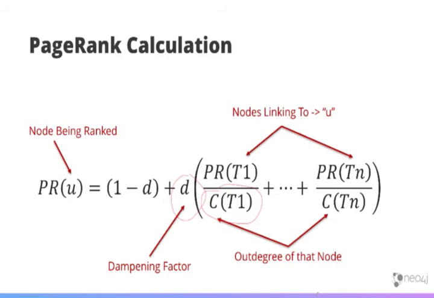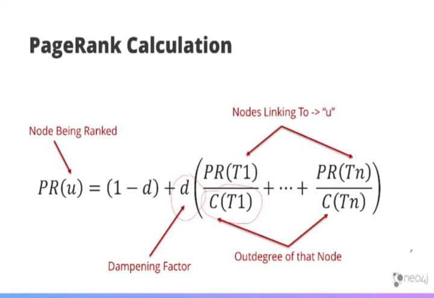Now, the dampening factor is a probability that the next step of the algorithm will follow a direct path, from one node to another node to another node. And it's basically the opposite of a random skip to another node. It sets the value by which either you follow links from one node to the other, or you hop to a random node.